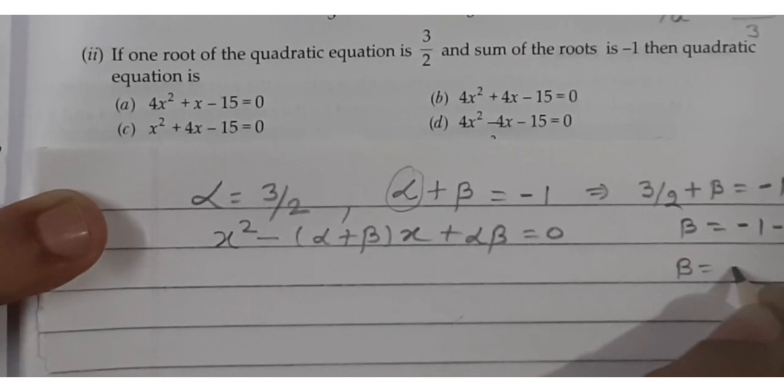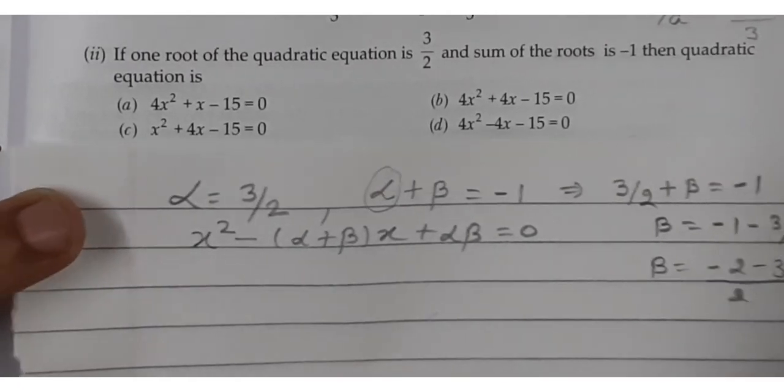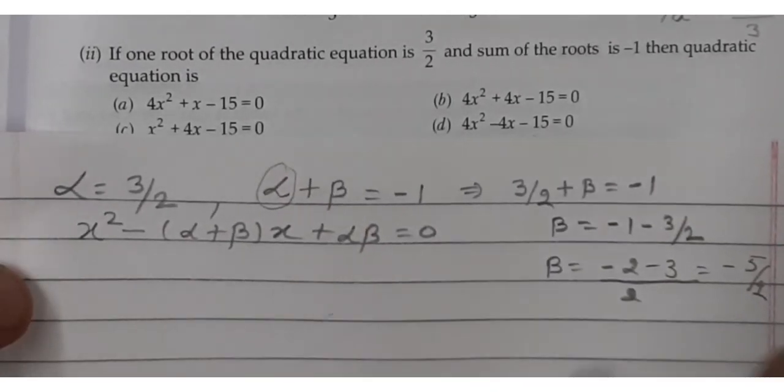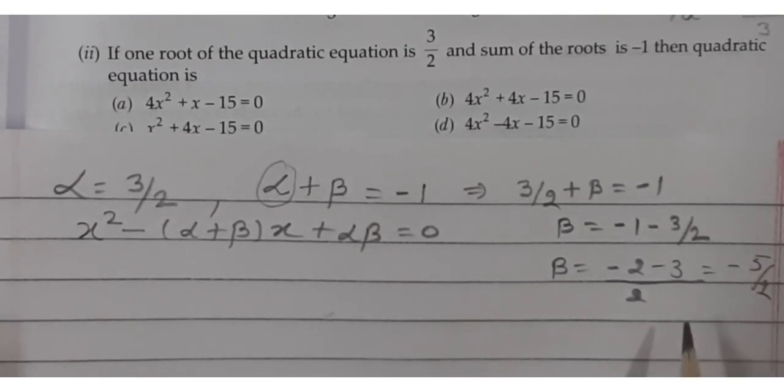So minus 2 will come, and 2 upon 2 is 1, 3 into 1 is 3. So this will be minus 5 by 2. This is your minus 5 by 2.